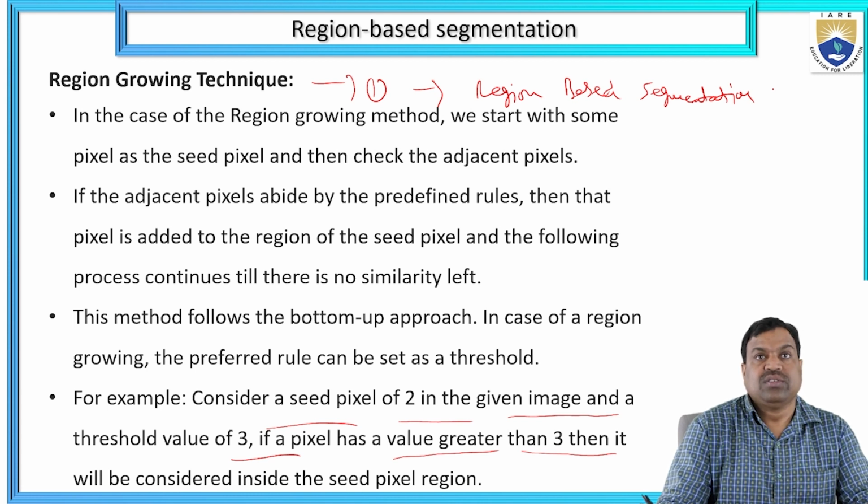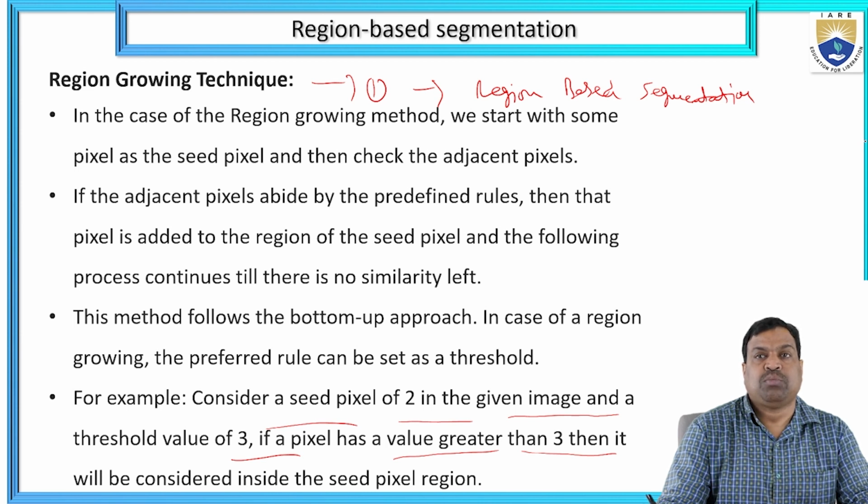In the region growing method, we start with some pixel as a seed pixel and then check the adjacent pixels. If the adjacent pixel obeys the predefined rules, then that pixel is added to the region of the seed pixel, and the process continues till there is no similarity left.